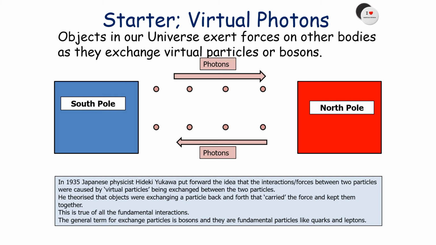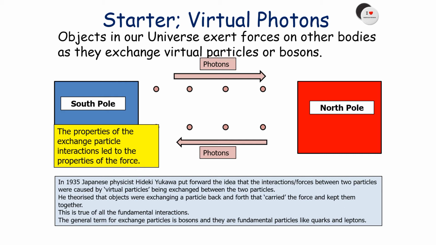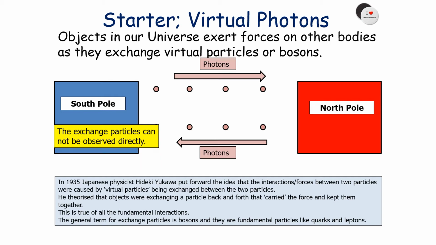Now, the general term for exchange particles is the boson, and they're fundamental particles like quarks or leptons. So the properties of exchange particle interactions lead to the properties of the forces. But just remember as well that as well as a force being produced, this occurs because energy and momentum are being transferred between the objects via this exchange particle, but the exchange particle cannot be observed directly.